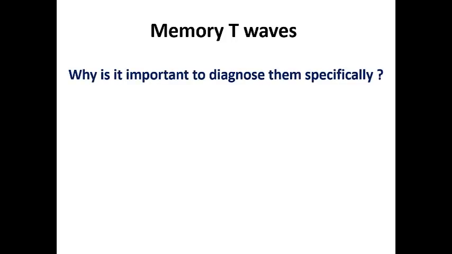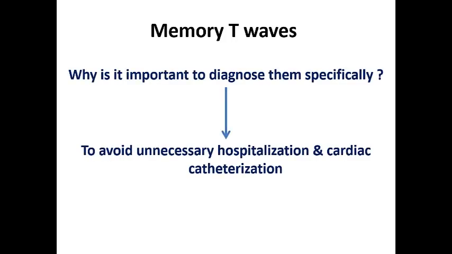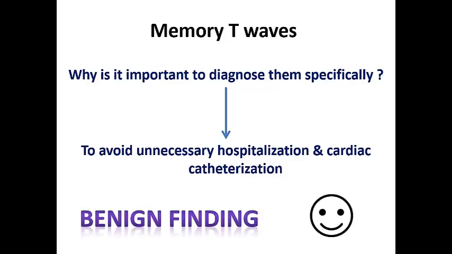And if we ask ourselves why is it important to diagnose them specifically, of course it is important to avoid unnecessary hospitalization and cardiac catheterization, as it is considered just a benign finding that doesn't raise suspicion for myocardial ischemia, and so it reduces the burden of unnecessary admission to the CCU and unnecessary cardiac catheterization.